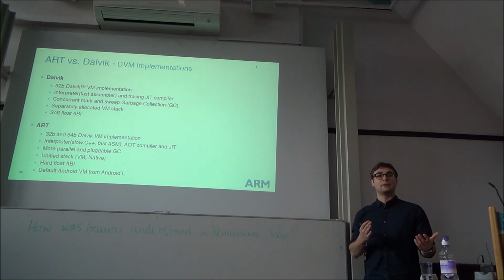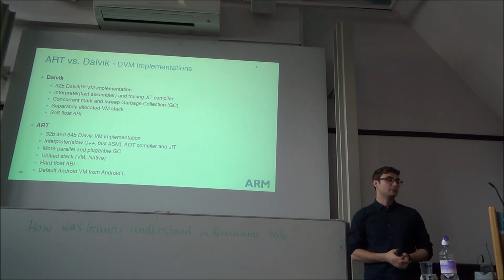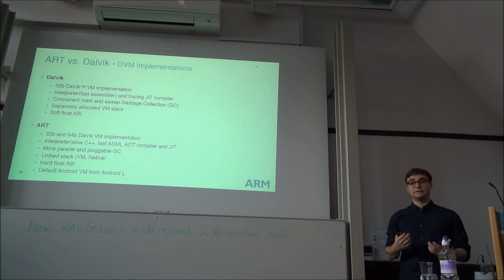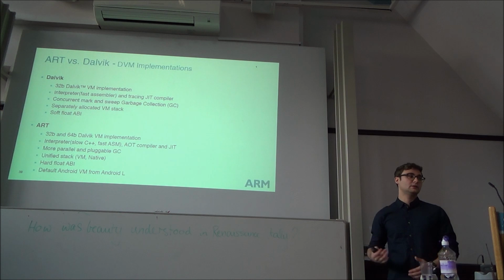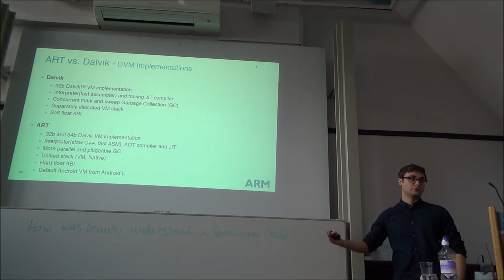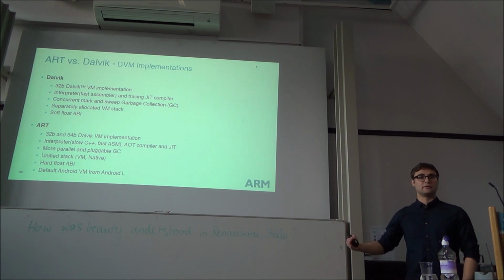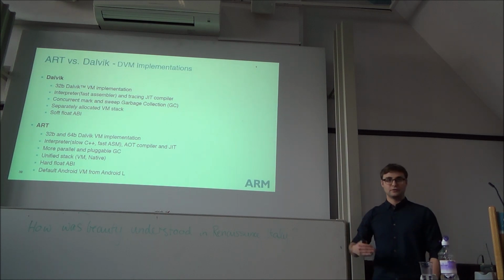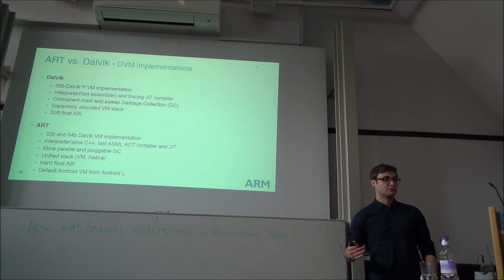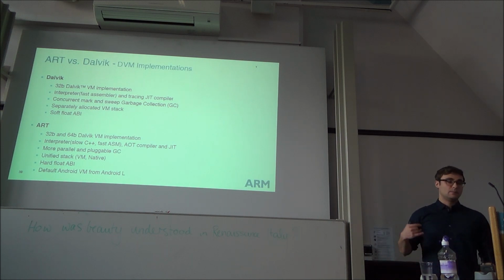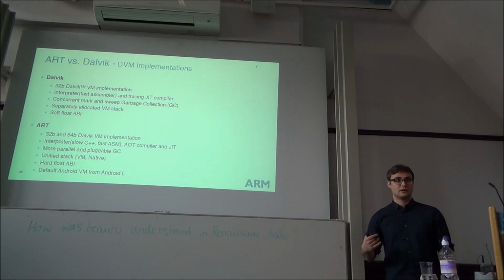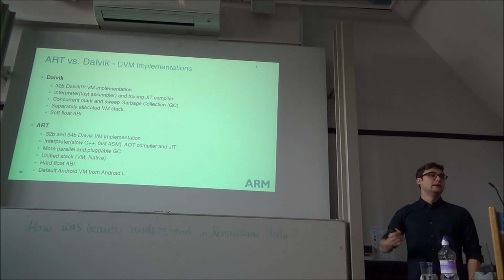Here I'm giving you a comparison between Dalvik, which used to be the default Android virtual machine until Android L came out, and then from Android L onwards, ART is the default virtual machine. They're both Dalvik virtual machine implementations. Dalvik has an interpreter, a fast interpreter, and a tracing JIT.